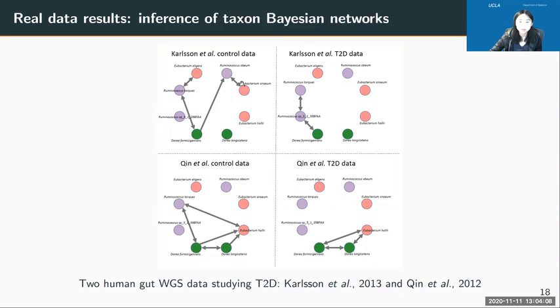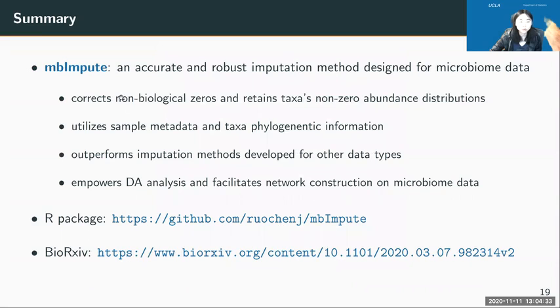Interestingly, we see that this edge between the purple and the red, two Ruminococcus in U bacteria, only exists in the control data, but no longer in the T2D data. Although this is a preliminary discovery, we think that allowing microbiome data to construct Bayesian networks is a promising, interesting application.